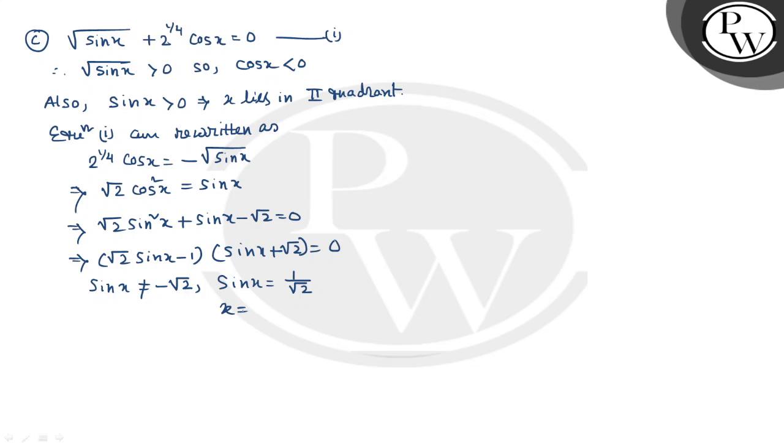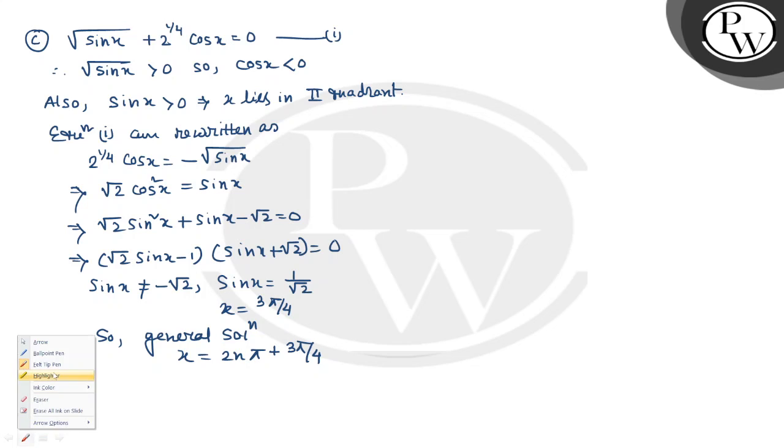So x is equal to 3 pi by 4. So the general solution is x equal to 2n pi plus 3 pi by 4.